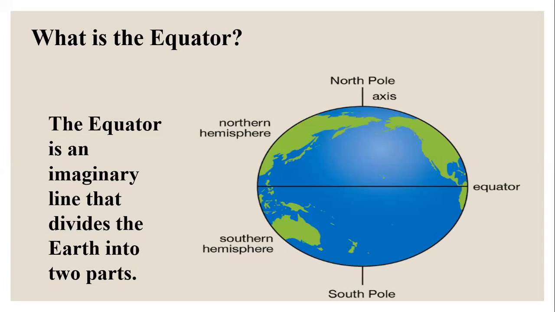Can anyone tell me the reason? Okay, I'll tell you. The countries near the equator are hot because the sunlight is coming directly most of the time on the equator. As we all know, the earth is sphere in shape, that is why the countries that are away from the equator are cold.